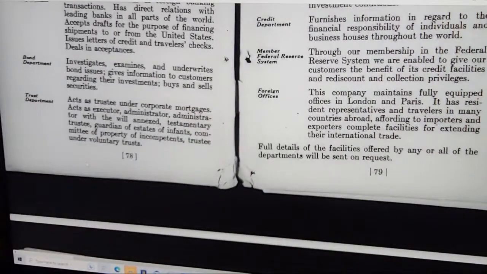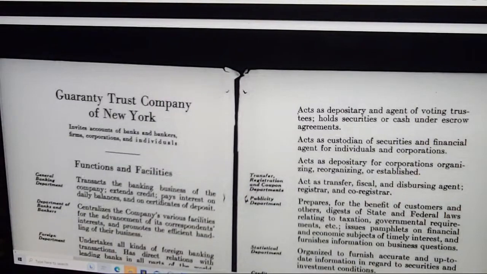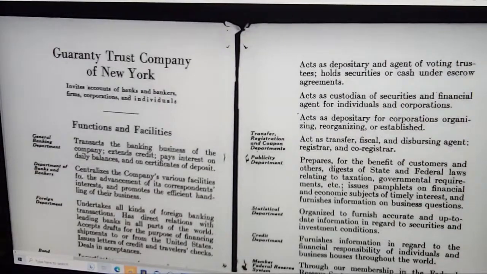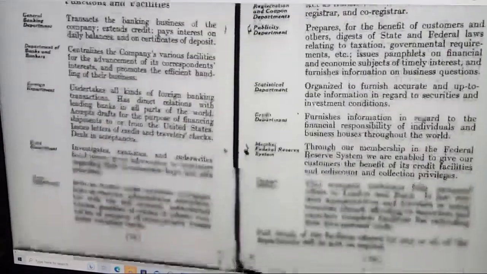Trust Department acts as trustee under corporate mortgages, acts as executor, administrator with the will annexed, testamentary trustee, guardian of estates of infants, committee of property of incompetents, trustee under voluntary trust, acts as depositary and agent of voting trustees, holding securities or cash under escrow agreements, acts as custodian of securities and financial agent for individuals and corporations, acts as depositary for corporations organizing, reorganizing, or establishing.